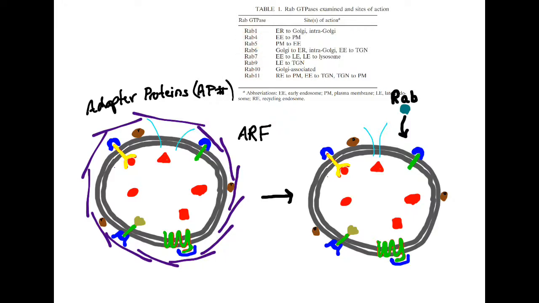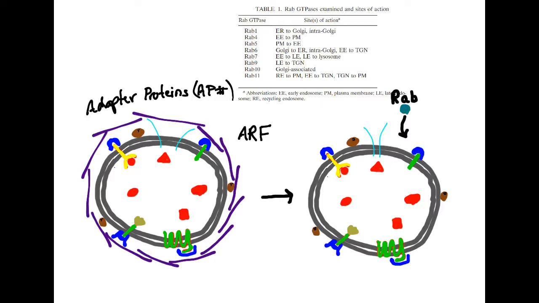But for example, if we're talking about what we've been calling anterograde, the COP2 vesicular traffic from the ER to the Golgi, then if that's the direction that we're going, then this RAB would be RAB1. But if it's going in the opposite direction, Golgi to ER, then it would be a different RAB, maybe RAB6. And we'll see how that distinction can determine specificity of the actual fusion reaction before too long.